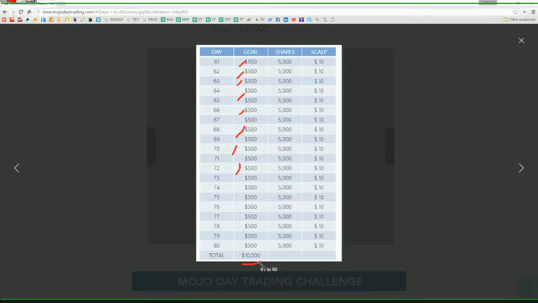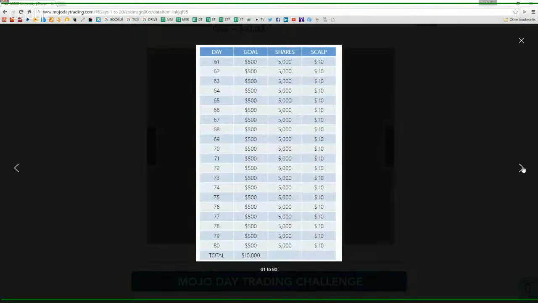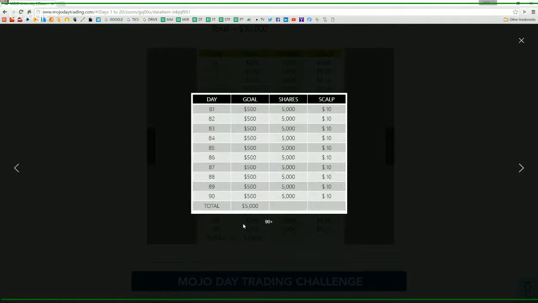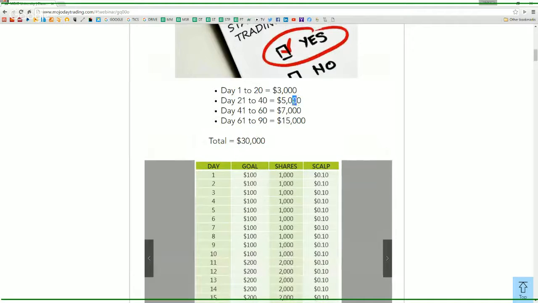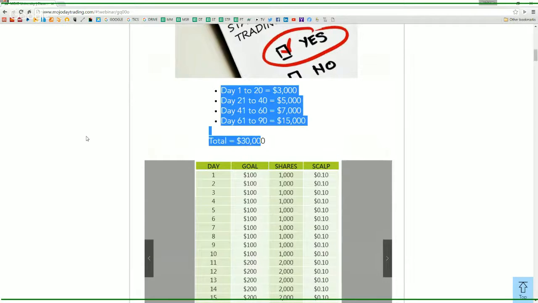Every day for the month, you made 10 G's. This is a beautiful month that everyone can repeat day after day. If you've gotten to this point, week after week, month after month, after 90 days, you make another 5 G's. 90 days goes by, boom. You've made 3, 5, 7, and 15. You've made 30 grand.